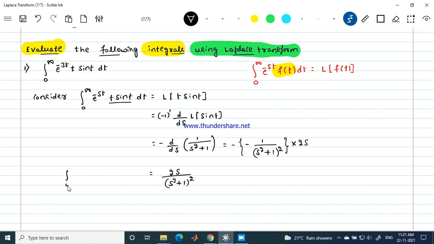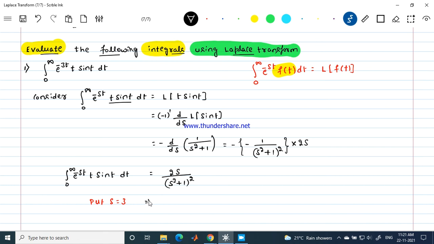This is nothing but integration 0 to infinity e power minus st t sine t dt. But we are interested in this, so I need to put s equal to 3 in it. Put s equal to 3.